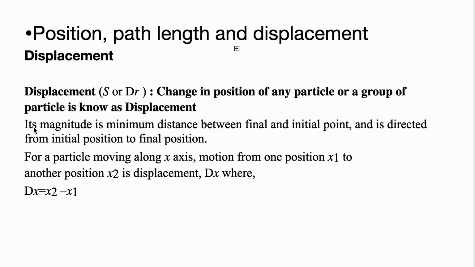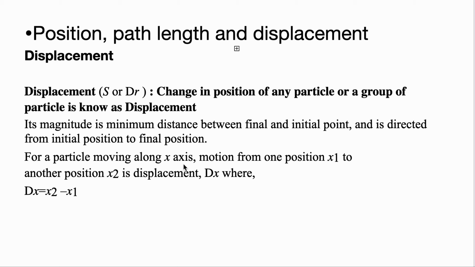Okay, now let us go through this bookish definition. Displacement S or dr, you can choose whatever you want. Better than dr, use x, because on this ppt I couldn't use x. So change in position of any particle or a group of particles is known as displacement. Its magnitude is the minimum distance between final point and initial point, and it is directed from initial position to final position.